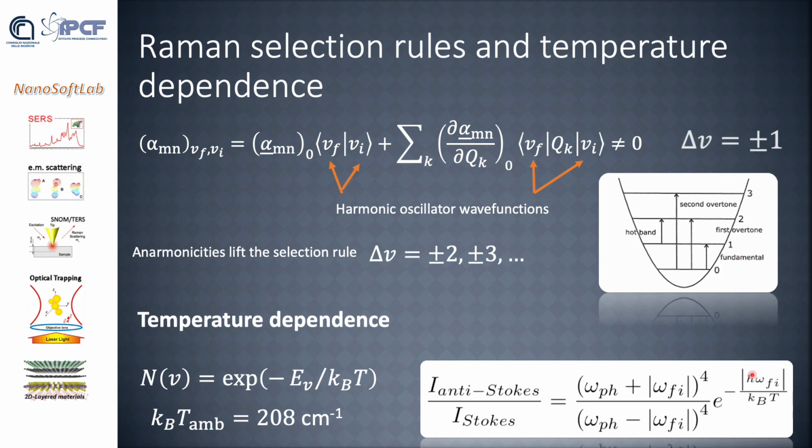And the ratio will be proportional to this term here. So the quantum picture can perfectly explain why the anti-Stokes lines are much less intense than the Stokes lines, and this ratio goes smaller and smaller as the energy of the mode increases.